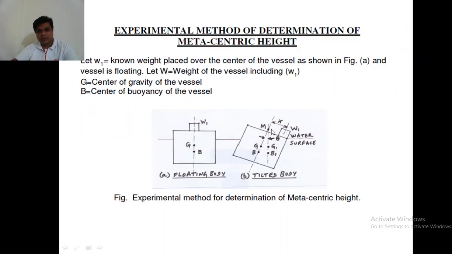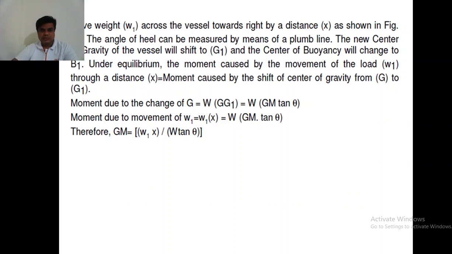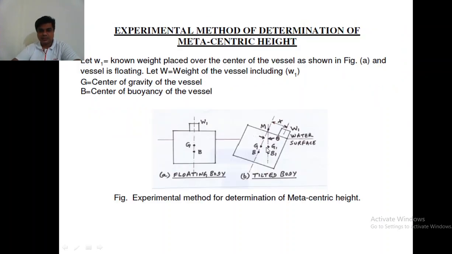So we take the moment for this weight into x, and that will be equal to the moment because of G1, that is the force into the distance moved by the center of gravity from G to G1.